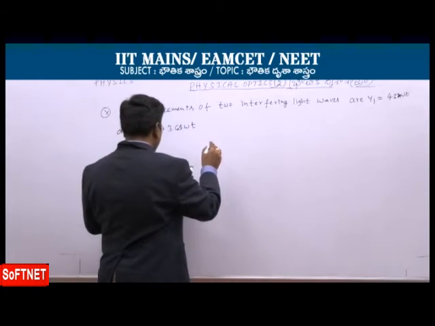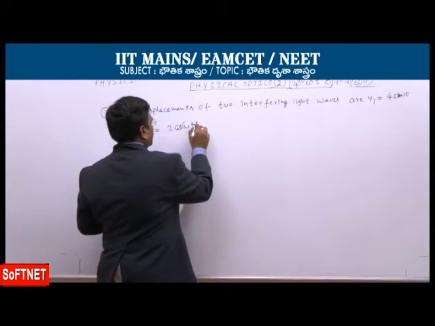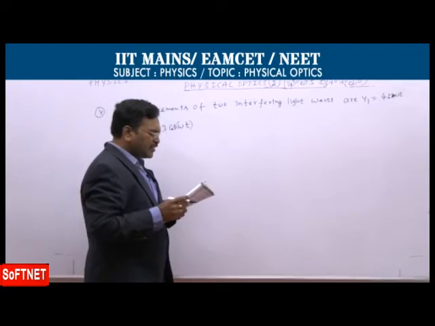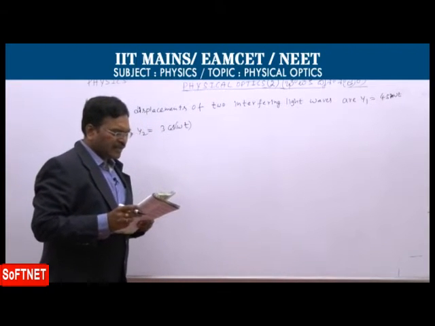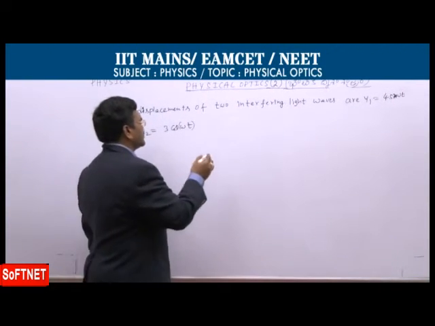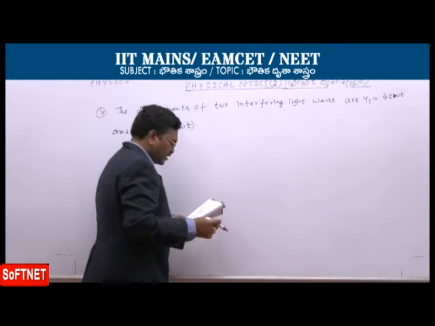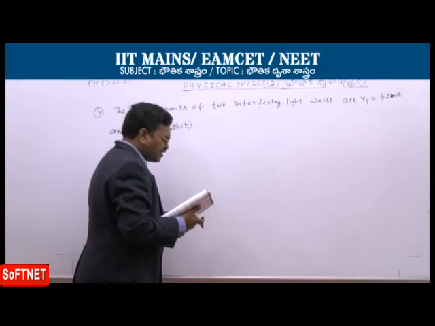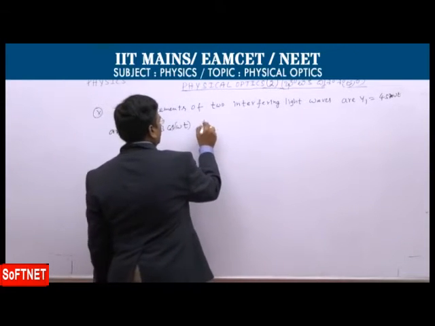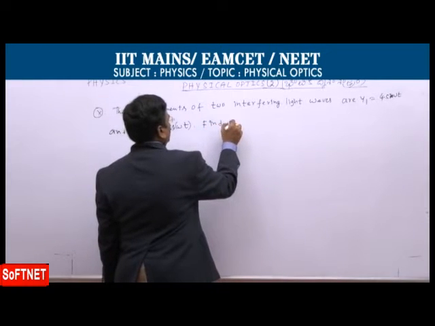Here we have a question. The amplitude of the resultant wave, y1 and y2 are in centimeters, CGS system. Find the amplitude of the resultant wave.